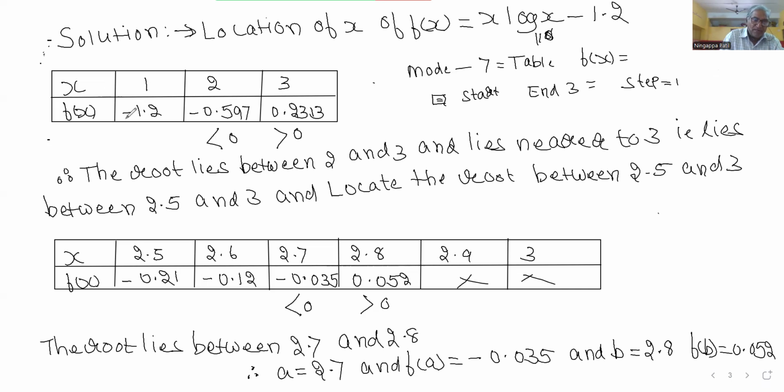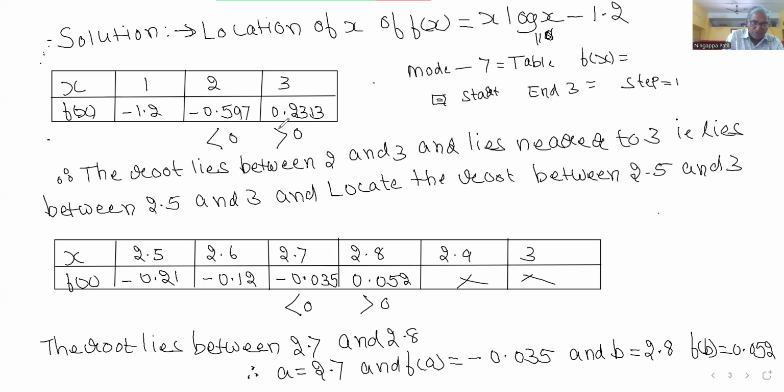You write 1 gives minus 1.2, 2 gives minus 0.597, and 3 gives 0.2330. This is less than 0, this is greater than 0, so the root lies between 2 and 3. You write it here and mark it like this.